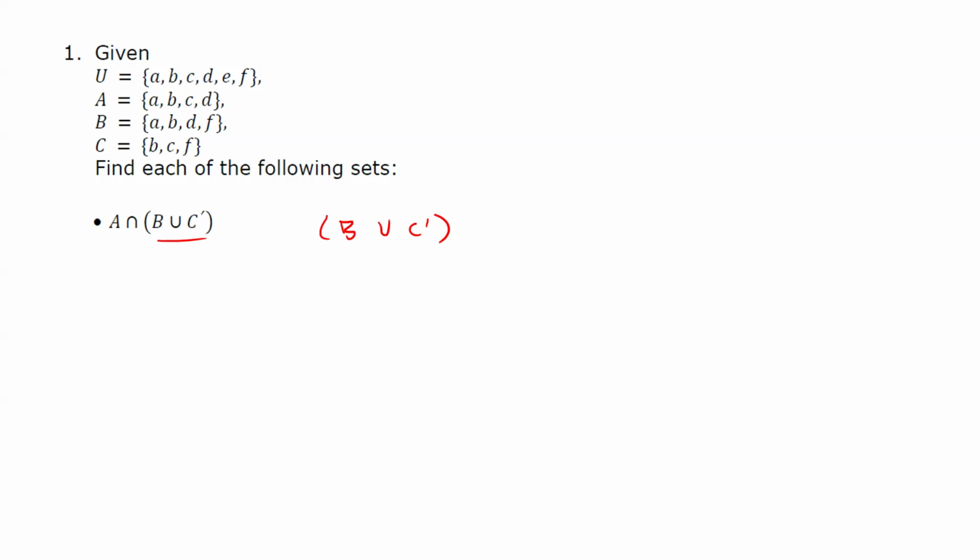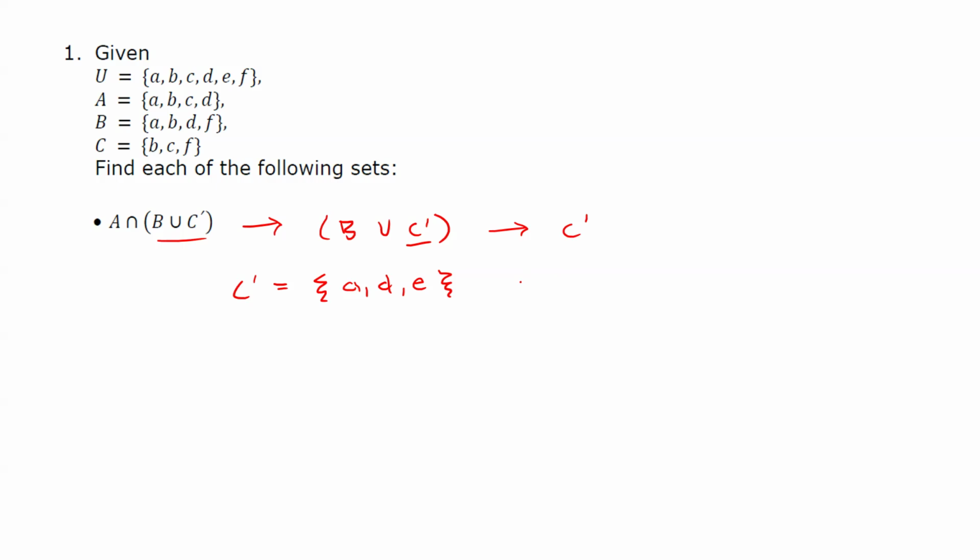Now inside this parentheses, we have a set that isn't given to us, and that is the complement of C. So now we are going to find the complement of C first. Okay. So the complement of C is going to be the elements A, D, and E, because these are the elements that are in the universal set but are not in set C.